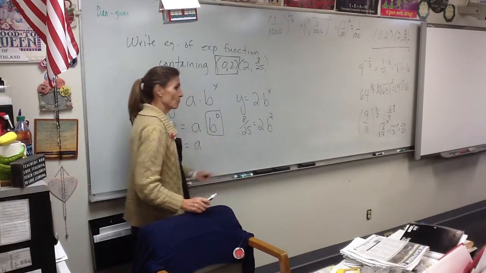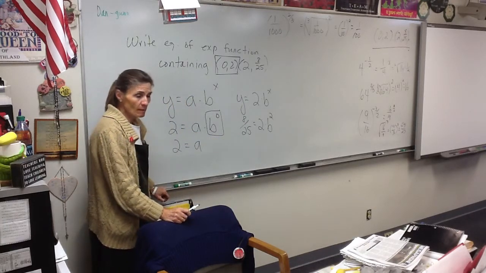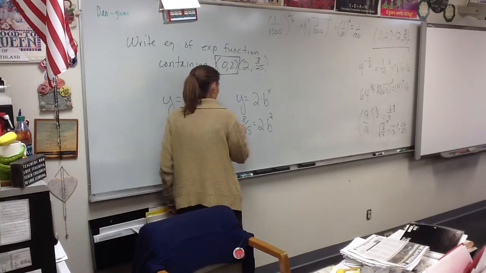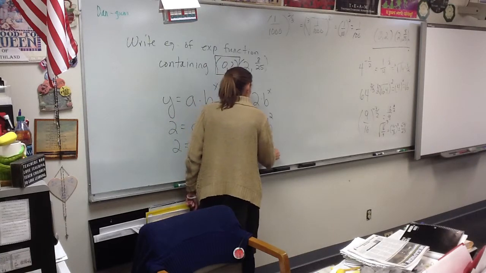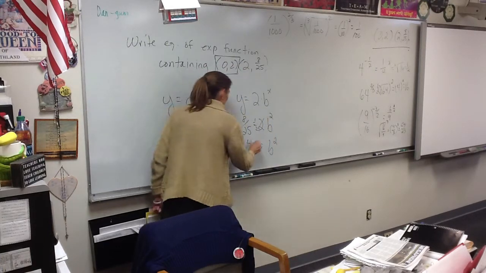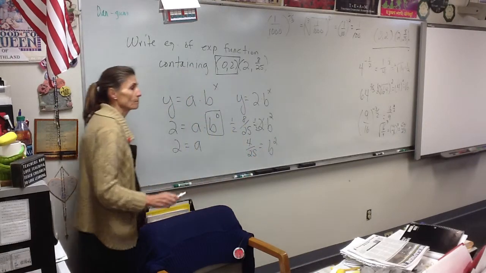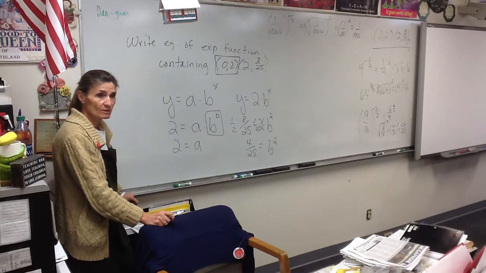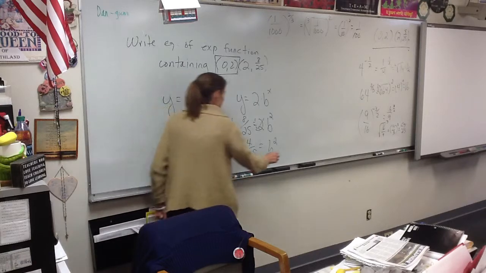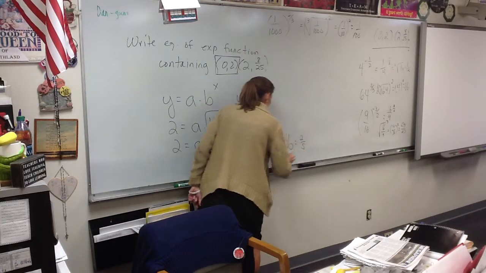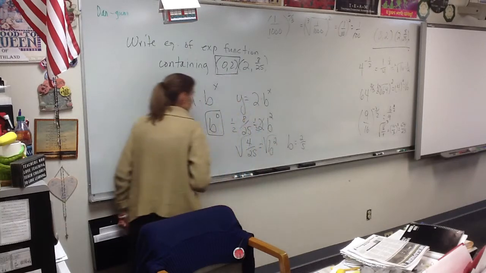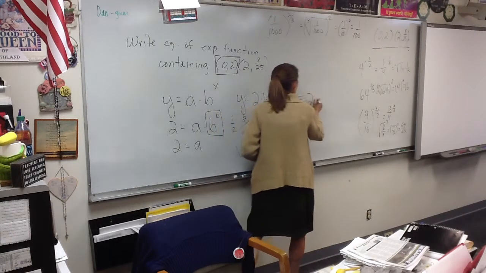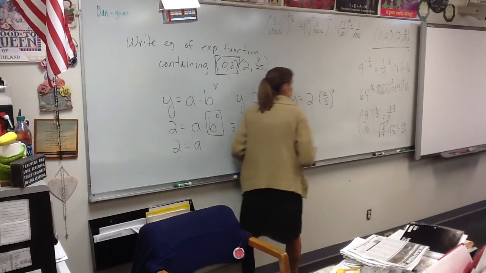Because there's a fraction over here, instead of dividing by 2, I think it might be easier to multiply by 1/2. So b squared equals 4/25. Half of 8/25, 4/25. So what does b equal? 2/5. Square root both sides. 2/5. So my equation is y equals 2 times 2/5 to the x.